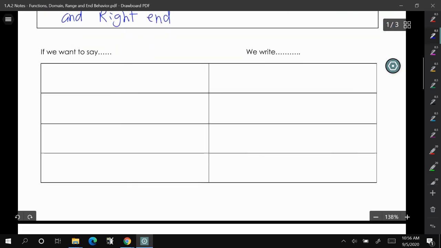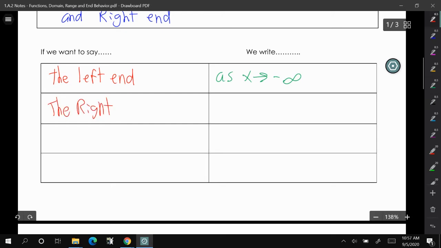So if we want to talk about the left end, the mathematical translation for that would be as x approaches negative infinity. If we want to talk about the right end, we would say as x approaches positive infinity.